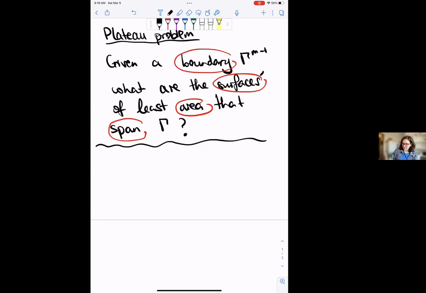So you have this very obvious example where you take gamma to be the boundary of the disk in 2D, and you start taking a cap and adding tentacles to it. So take something like this, you add tentacles, and this is really rounded.